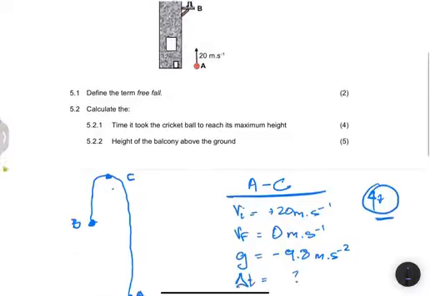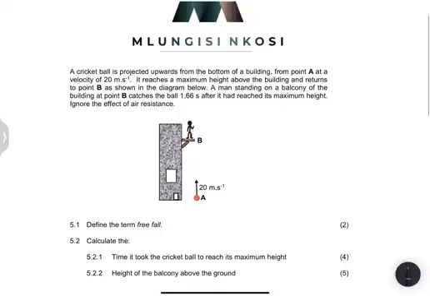Please be careful about the 1.66. They did say this is from the maximum height up until the man catches it. They said a man standing on a balcony of the building at point B catches the ball 1.66 seconds after it had reached its maximum height.